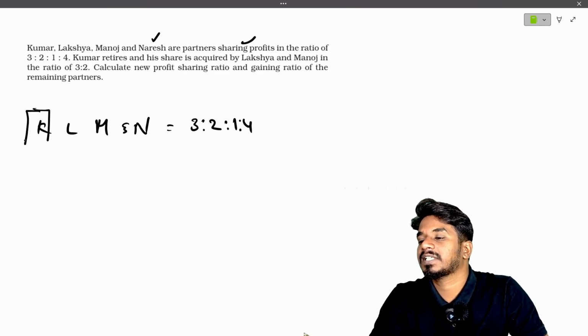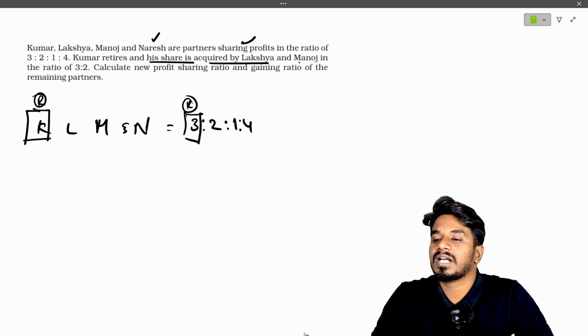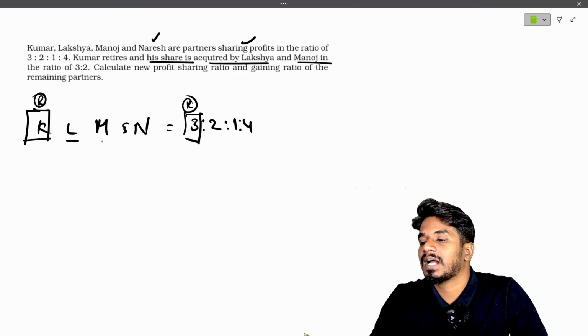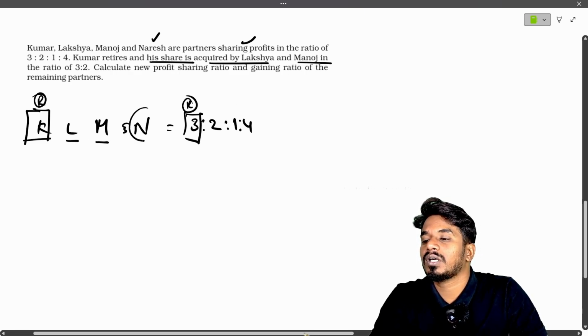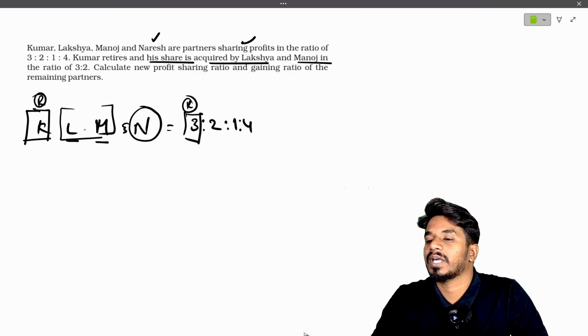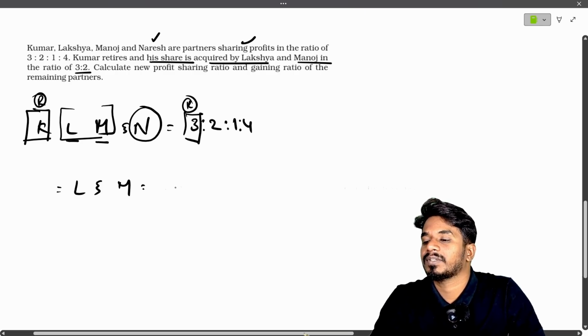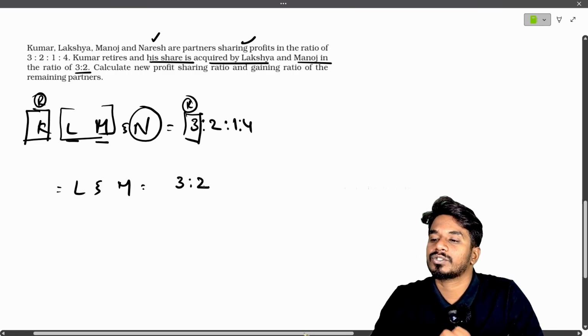This person is getting retired, and his share is acquired by Lakshya and Manoj, not Naresh. So these two partners only are acquiring, in the ratio 3 is to 2.